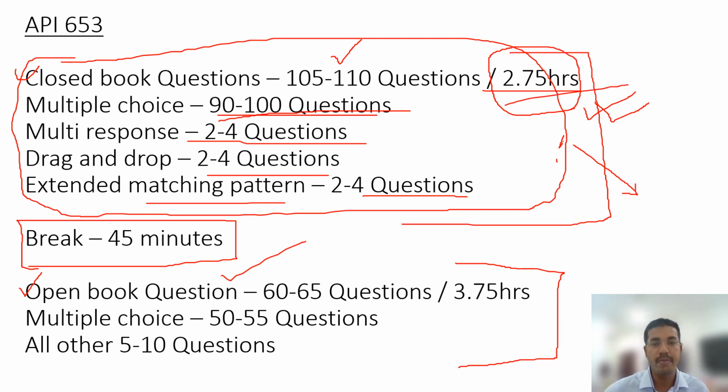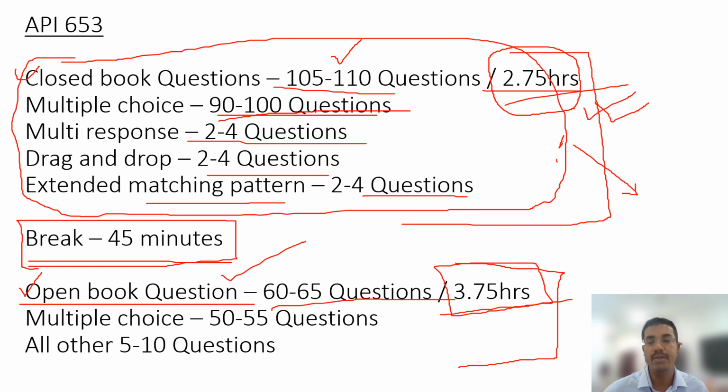You have to go for 105 to 110 questions, then take a 45-minute break, and then for 3 hours 45 minutes, 3.75 hours, 60 to 65 questions, open book questions. What is open book? You can take reference of the codes. 650, 653, 571, 575, 577, all the codes will be displayed on your screen, and you have to take the reference.